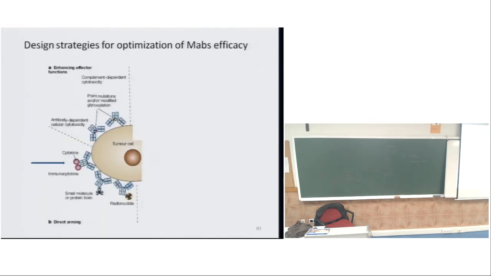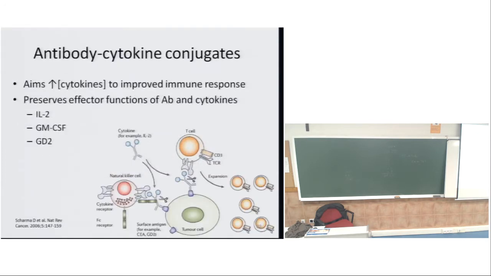So that's the idea. And since we are playing with the immune system, we can also attach to the antibody cytokines, immune molecules that are involved in immune regulation. Why not? This has been done, and the idea is to increase the concentration of the cytokines in the tumor, preserving the function of both antibodies and cytokines.